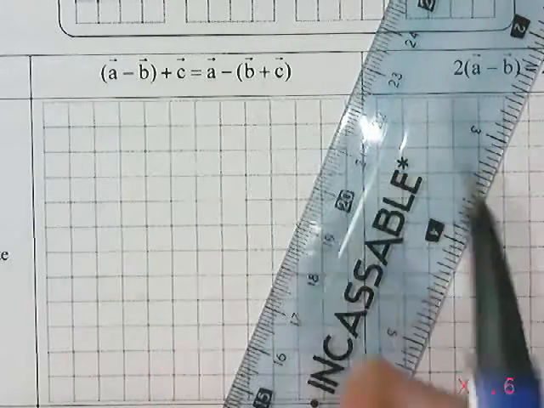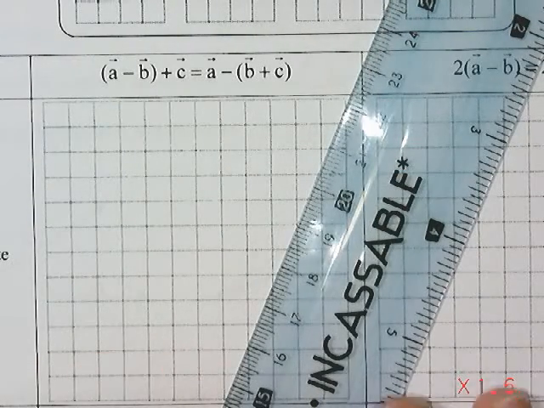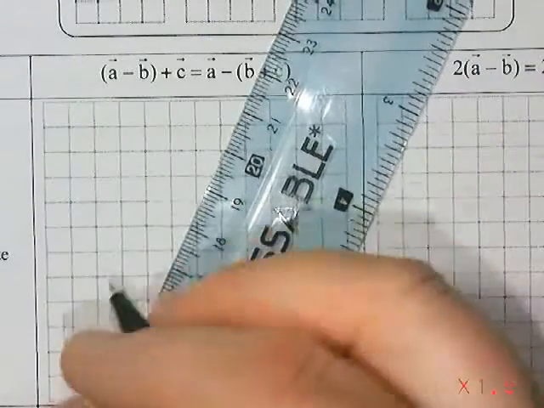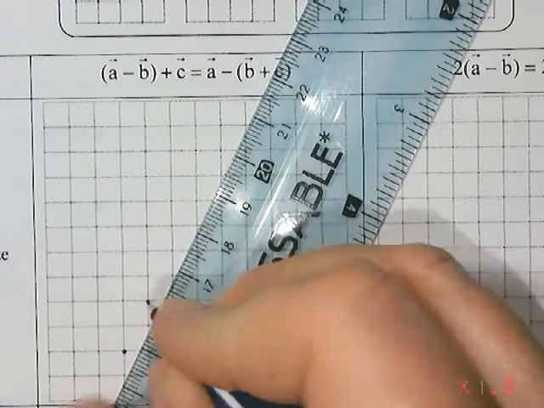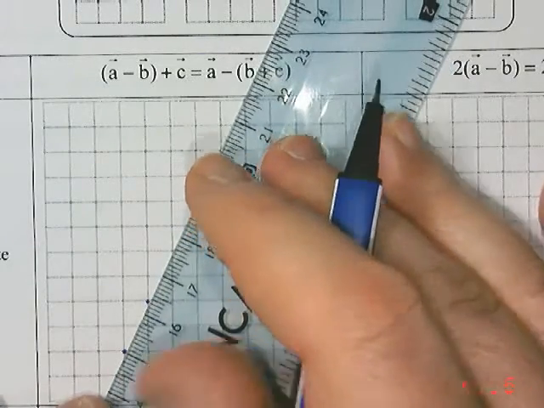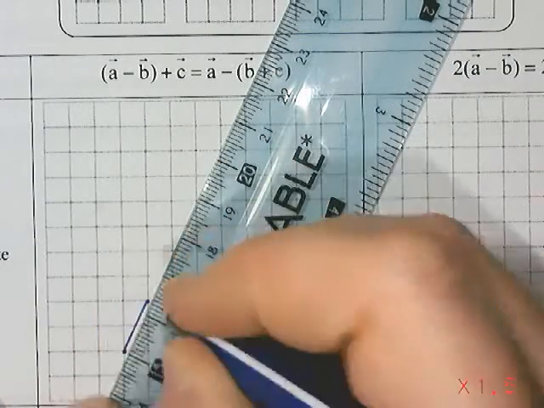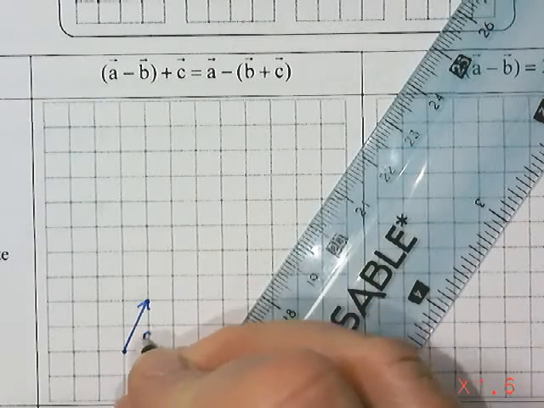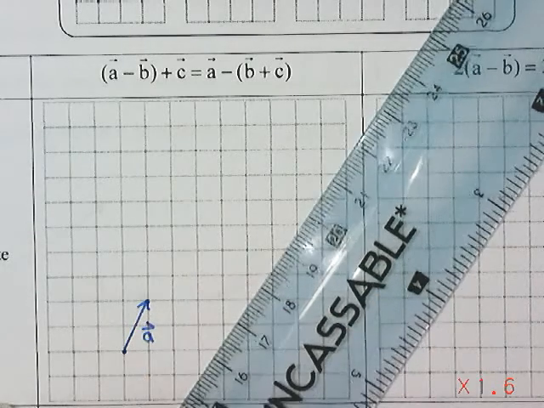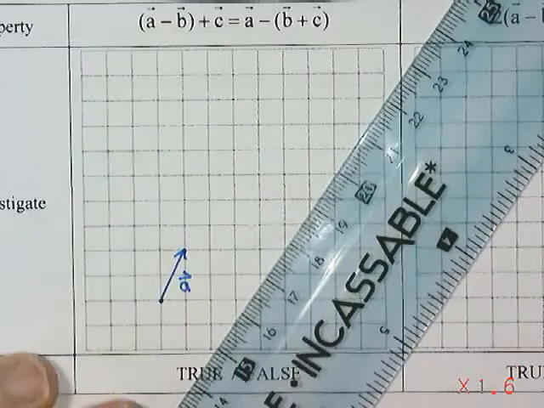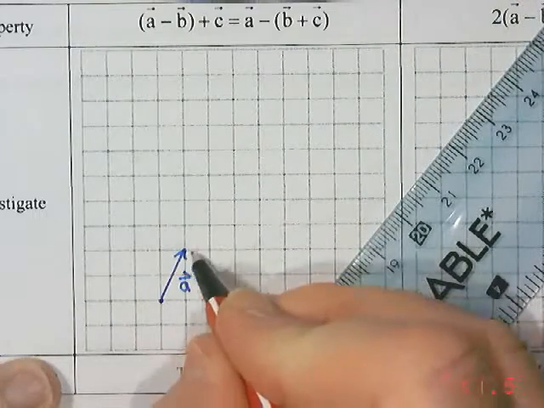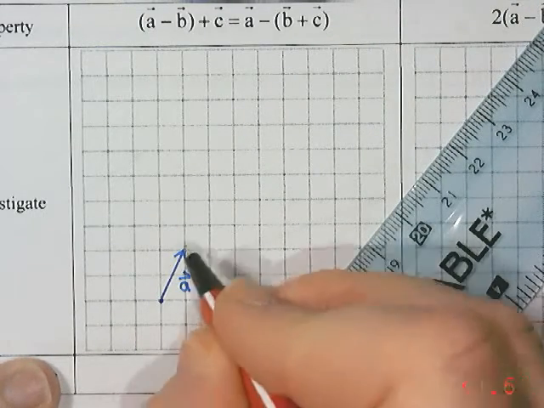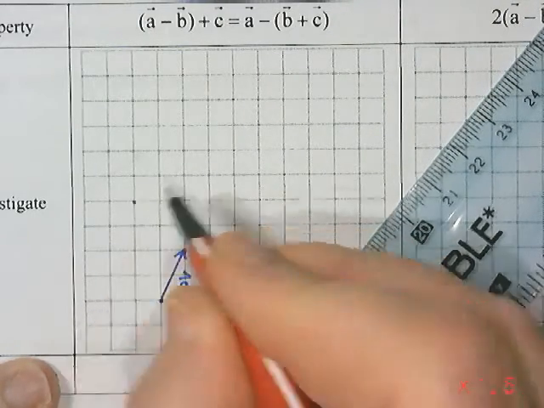So I am subtracting, so I need to give myself a little bit of space to go the opposite direction. So I know A is 2 squares up, 1 square over. That's A. And then B is 2 squares over, 2 squares down. But we have to go the opposite way because we are subtracting.